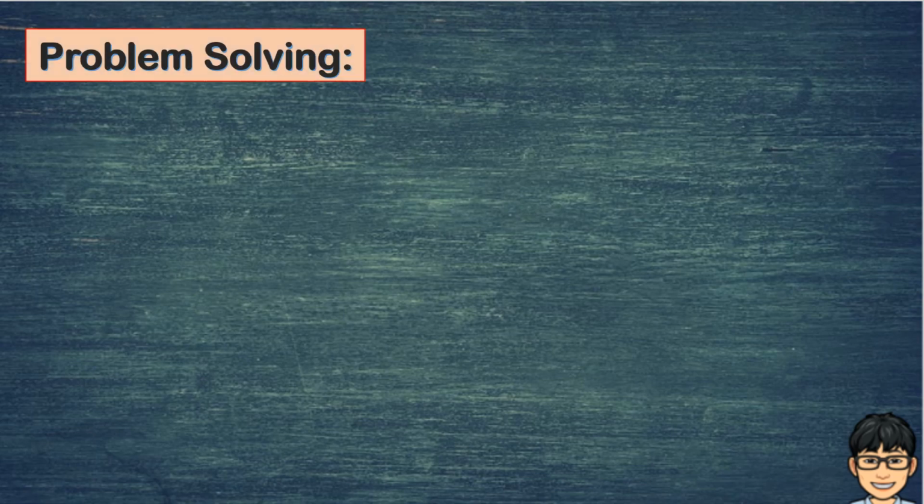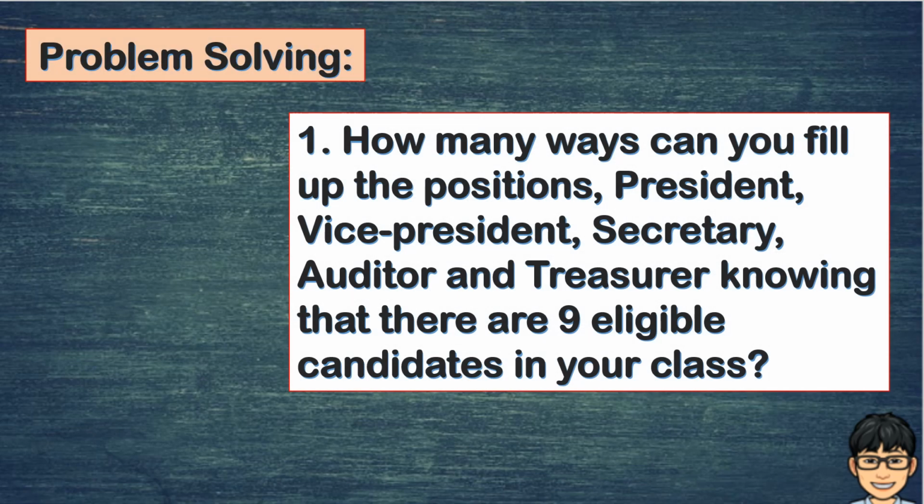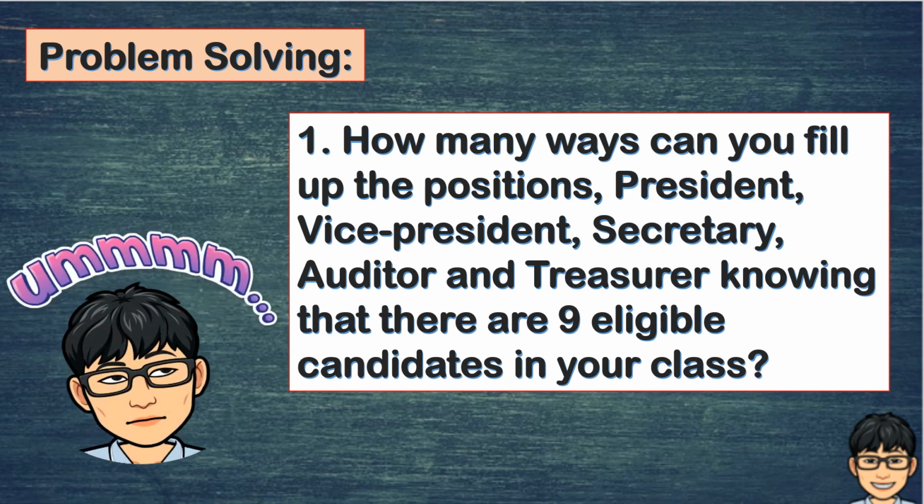This time, let us now apply the concept of combination sa mga real-world problems. Let us have the first problem. How many ways can you fill up the positions President, Vice President, Secretary, Auditor, and Treasurer, knowing that there are 9 eligible candidates in your class?